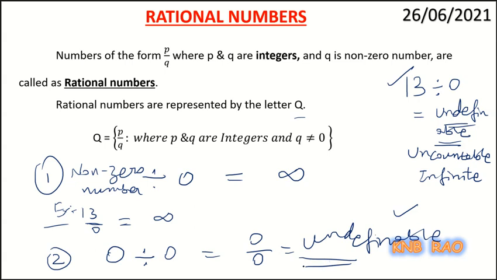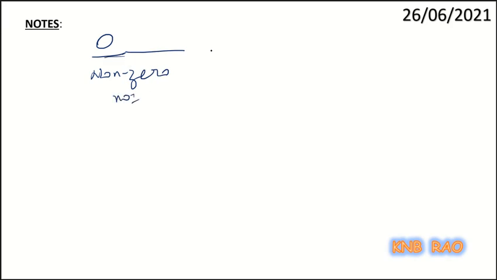So, this is 1 and 2, and earlier you have learned that 0 upon a non-zero number is 0.